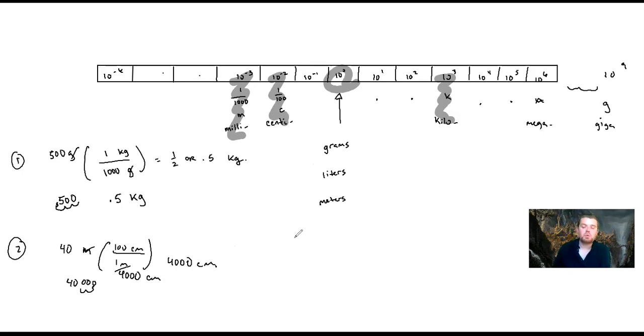Just like we did in 6.1 and 6.2, you might have to make a couple conversions. So let's say I take 6,500,000 millimeters, and I want to convert it to kilometers. Well, on this diagram, I don't have a direct conversion from millimeters to kilometers, but I do know that there are 1,000 millimeters in a meter, and there are 1,000 meters in a kilometer.